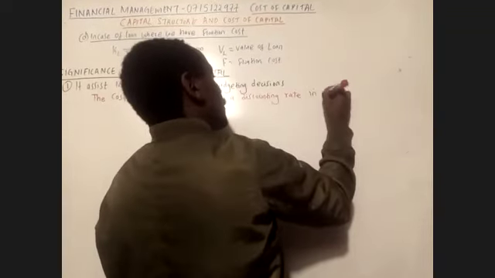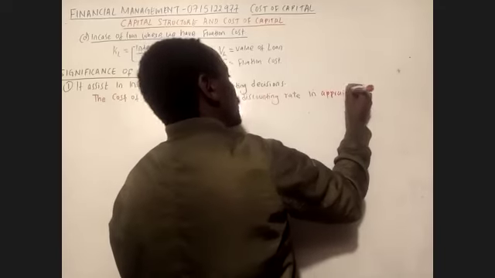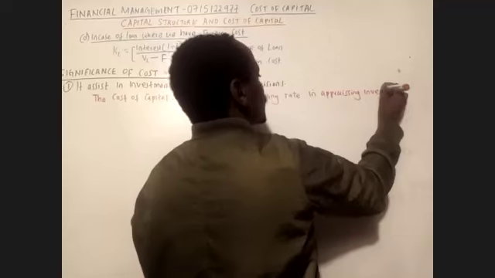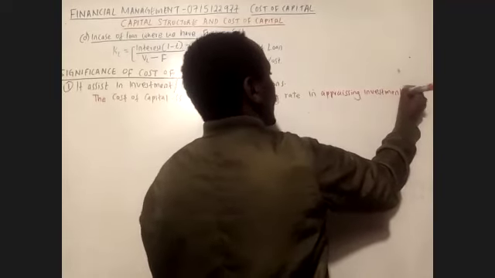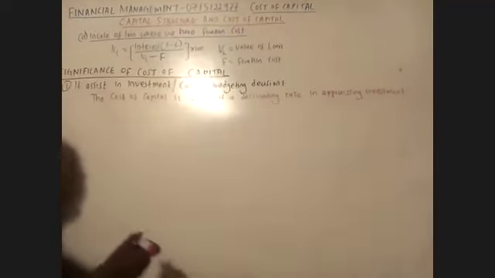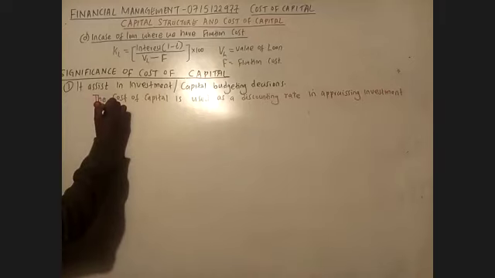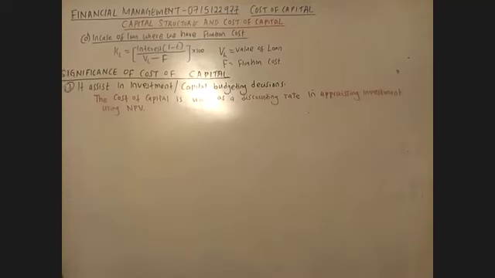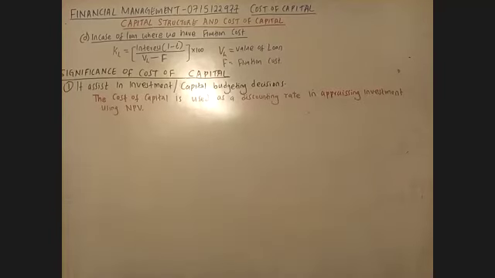The cost of capital is used as a discounting rate in appraising investments using NPV, as an example.